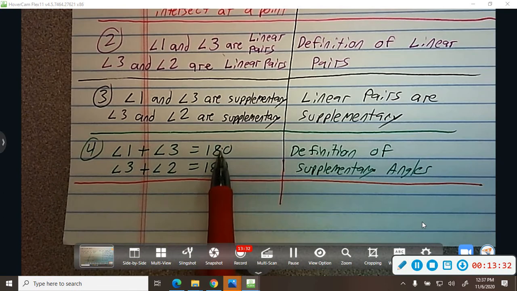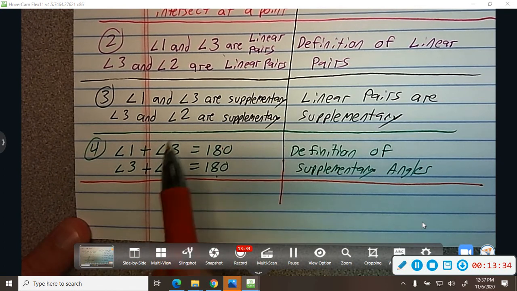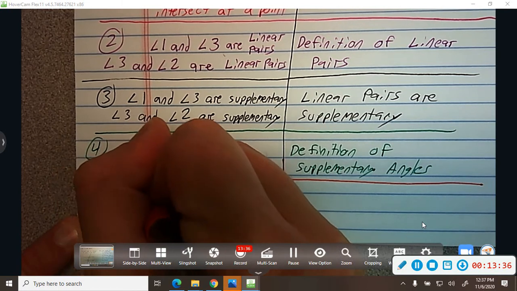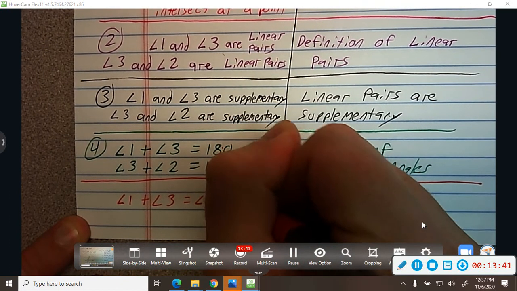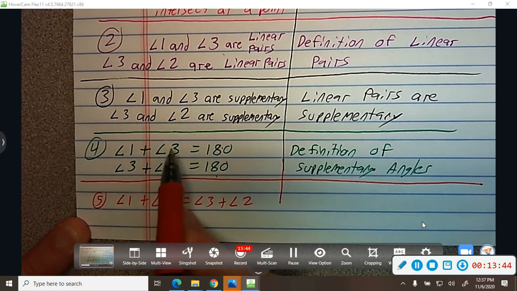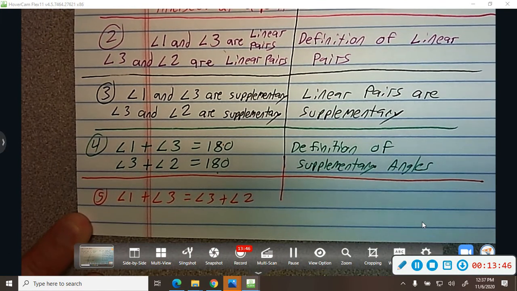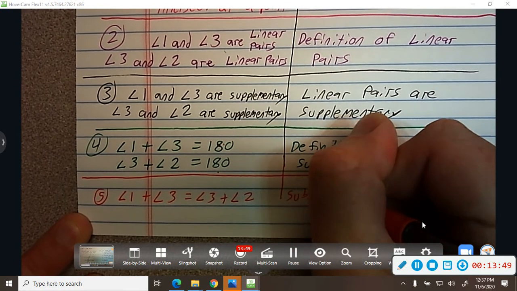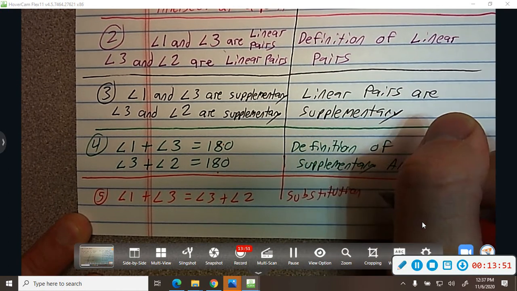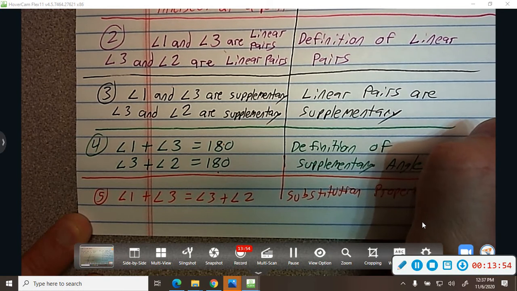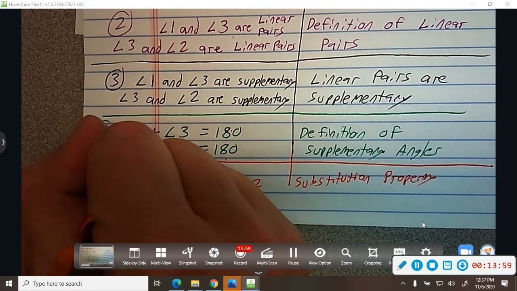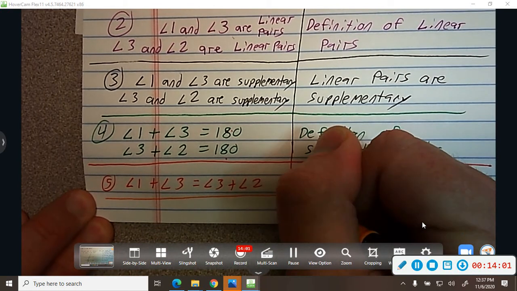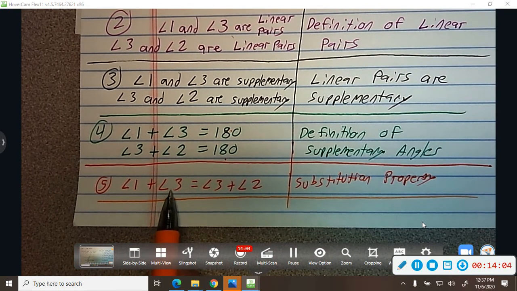Next step, if they both equal 180, then I can set them equal to each other. I can say that angle 1 plus angle 3 is equal to angle 3 plus angle 2. If they're both equal to 180, then they're equal to each other, that's called the substitution property. And then finally, using that, if I subtract angle 3 from both sides, then I get just 1 equals 2.